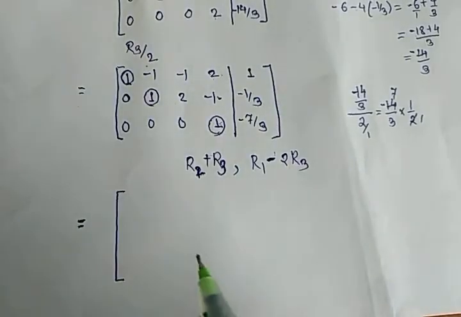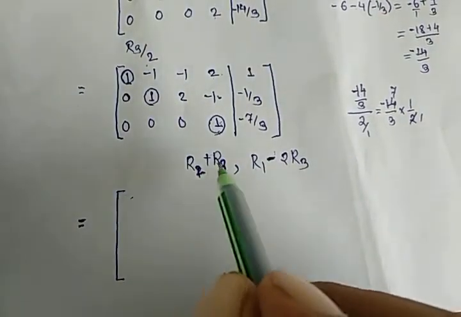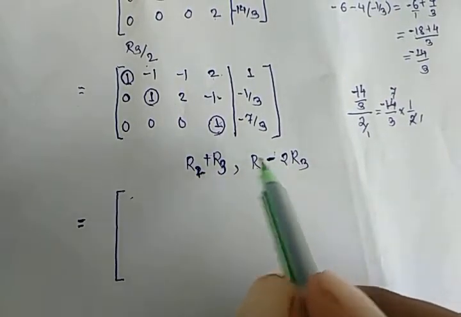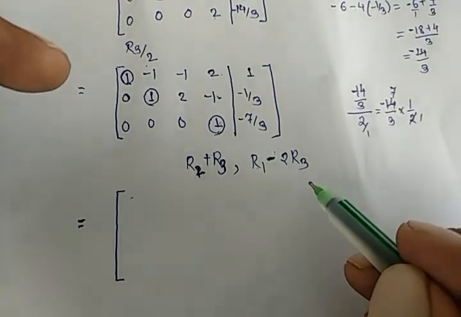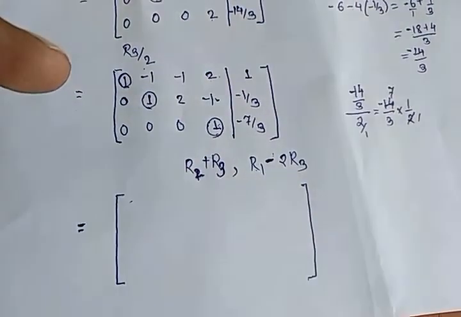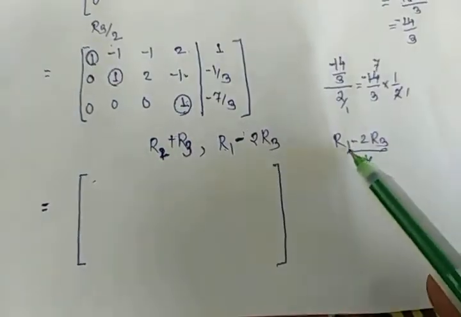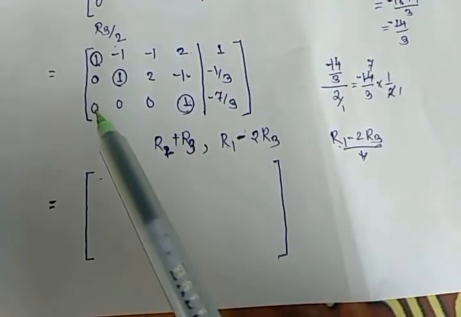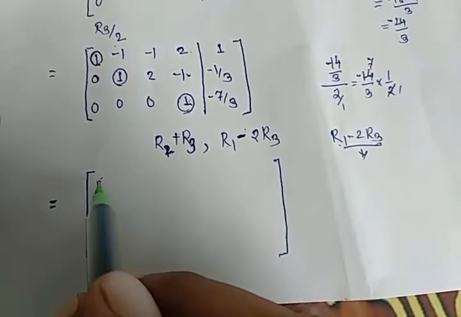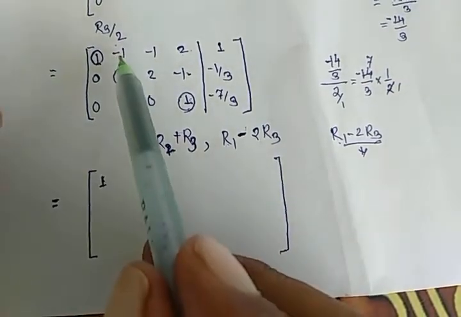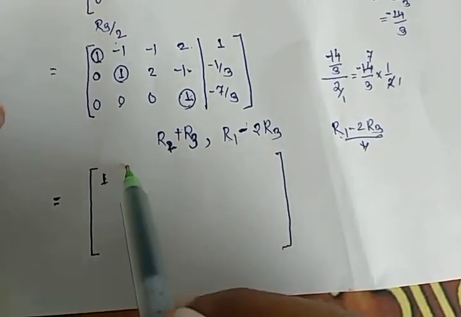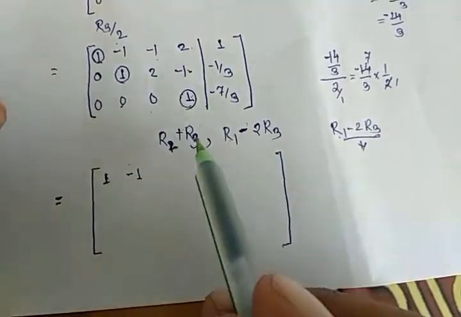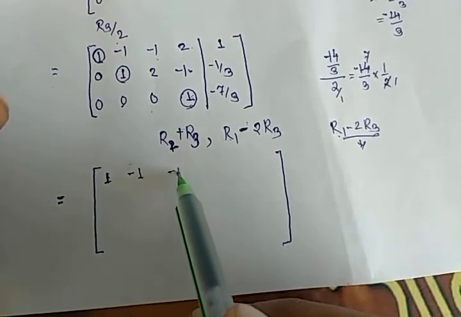So we get the first row and second row changed. For the first row it is R1 minus 2 R3, so here we write the matrix. First, 1 minus 0 is 1 as it is. Next minus 1, 0, it is minus 1 as it is. Minus 1 again, 0, it is minus 1 as it is.